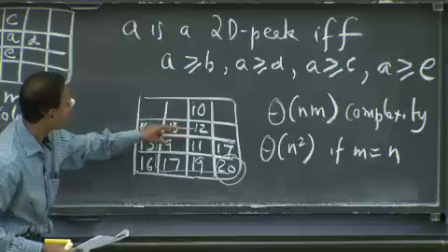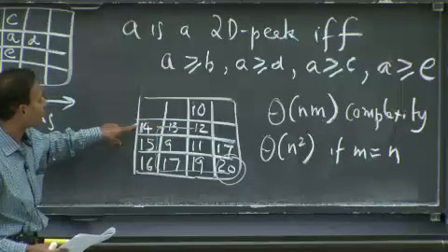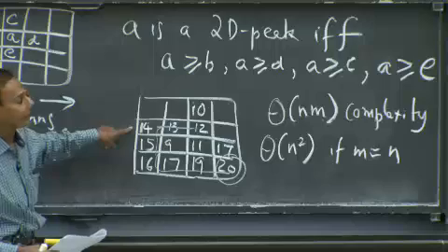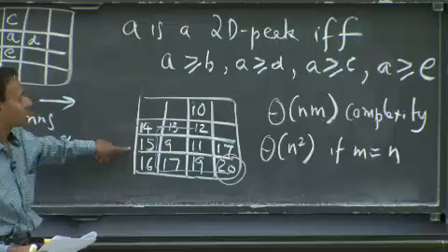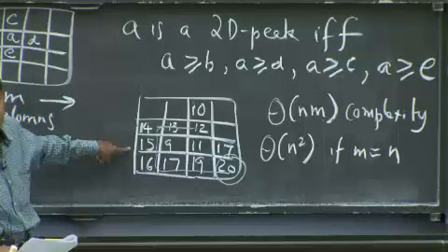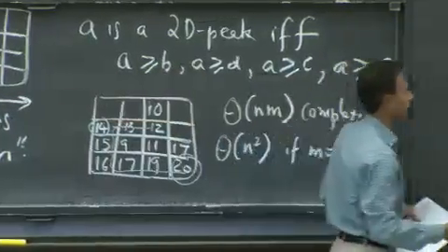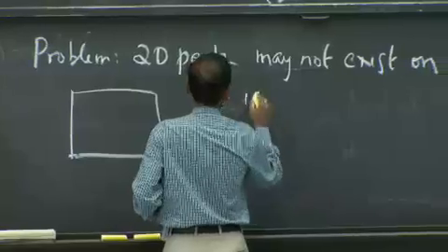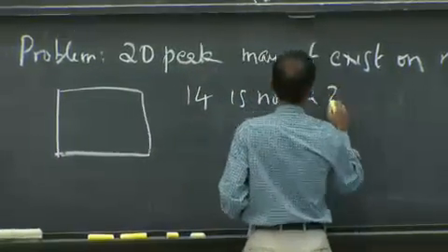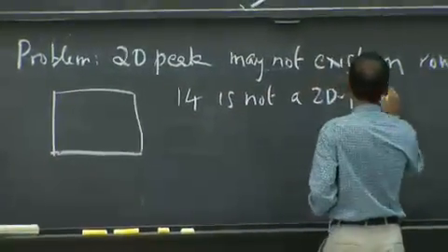And then when I choose this particular row and I find a peak on this row, it would be 14. That is a 1D peak on this row, but 14 is not a 2D peak. So this example would return 14, and 14 is not a 2D peak.